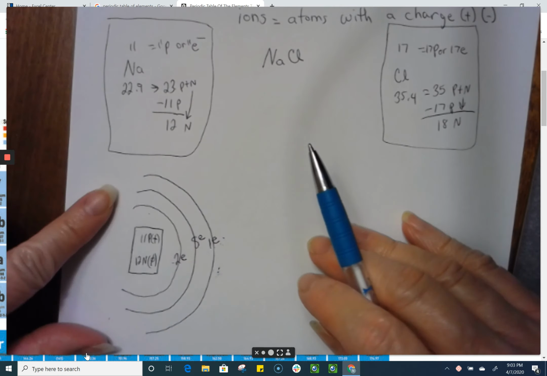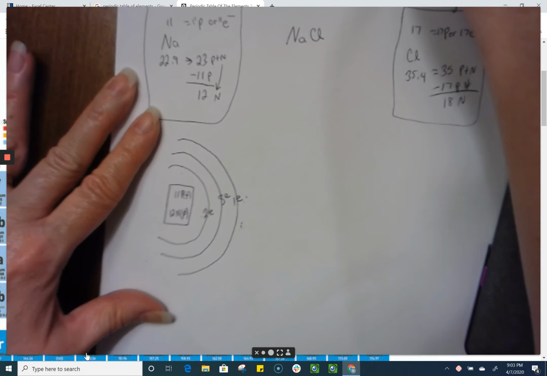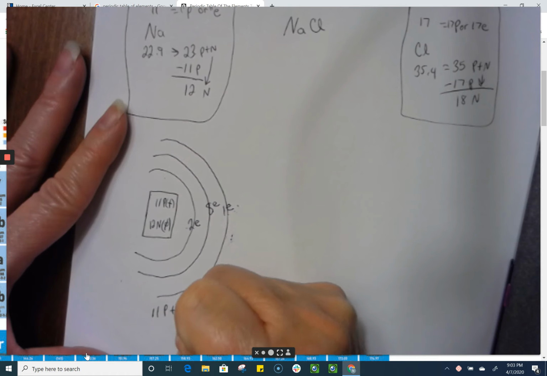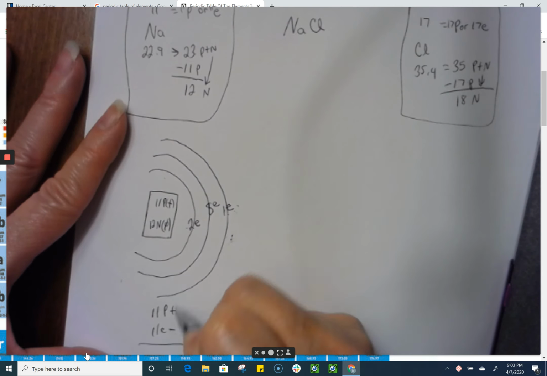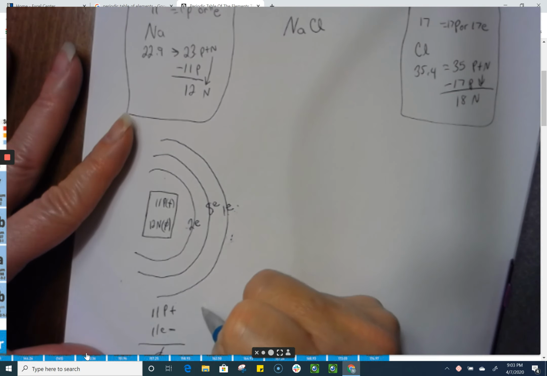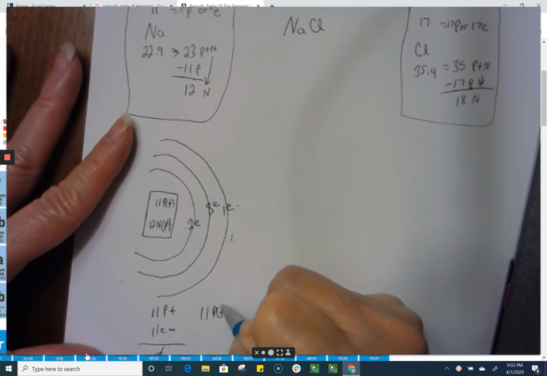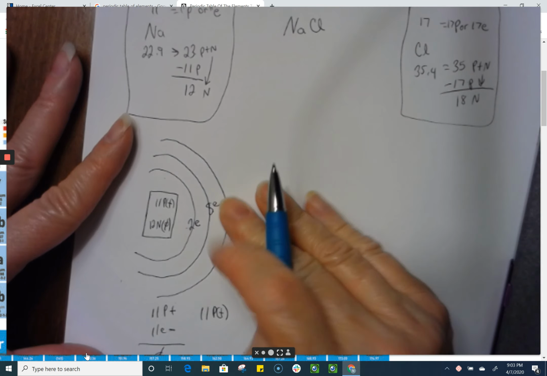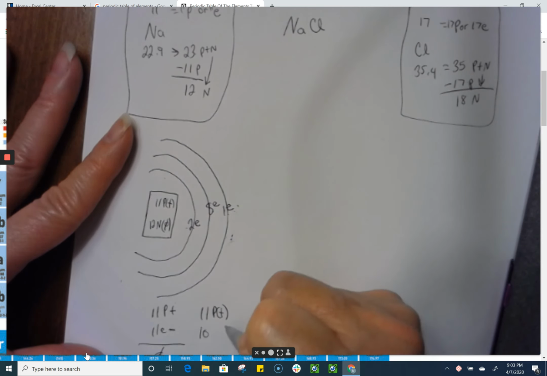But when it gives an electron away, it then has a charge because you have 11 positive charges, and before it gives it away, it has 11 negative charges. And so these each cancel each other out, so overall it's neutral. But it always keeps its protons, but if it gives an electron away, then it only has 10 electrons with 10 negative charges.